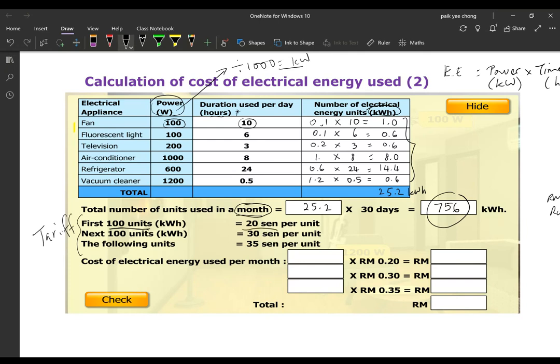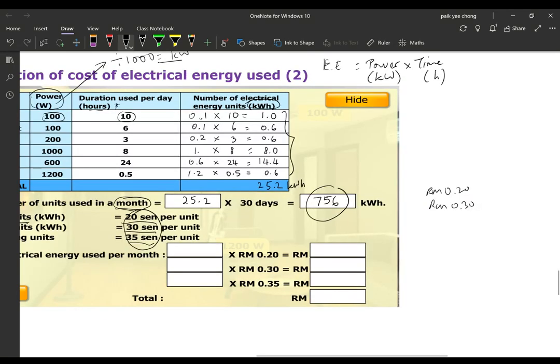Then the next 100 units will be calculated at 30 cents, and any remaining units after that will be calculated at 35 cents. So the rate is different and it gets more and more expensive. The more electricity that you use, the more you end up paying.